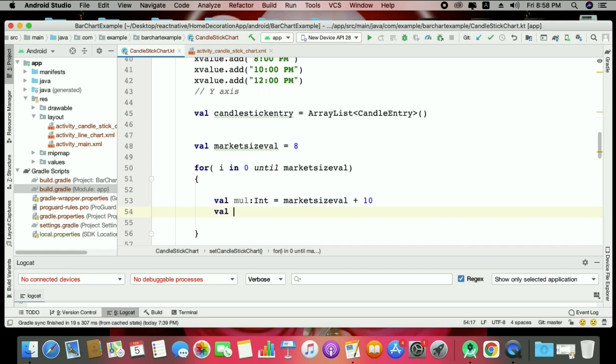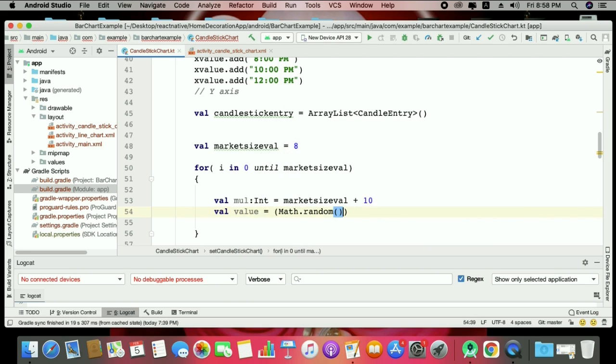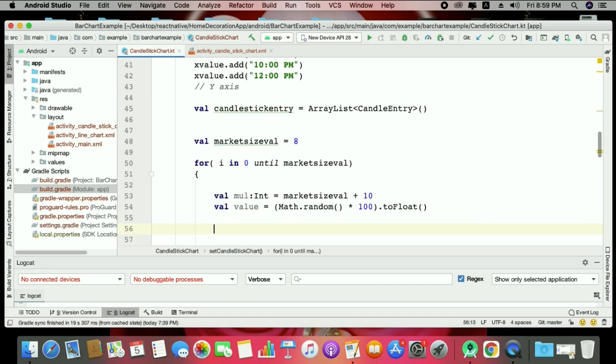Okay, and here you can say value, and that value, this time I'm using Math.random, and you multiply by 100 toFloat, because we need those values as a float. Okay, and we have to add that multiplication because we need the increasing or decreasing values to stay near about that. So you can use your own logic.